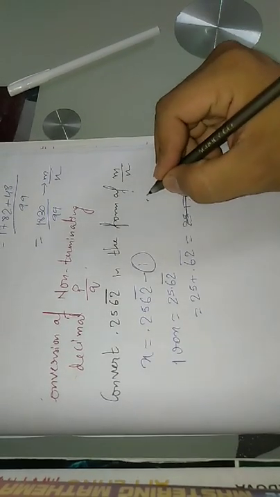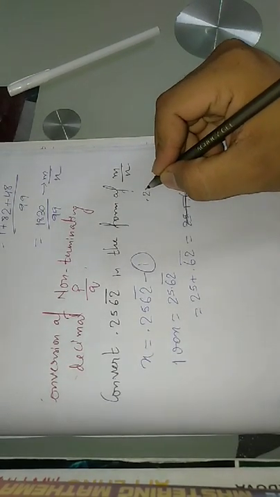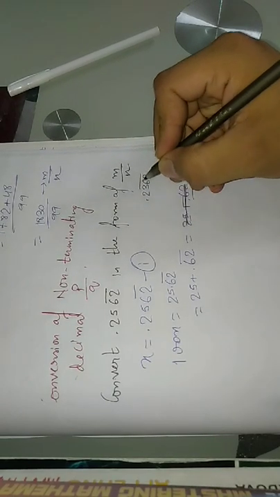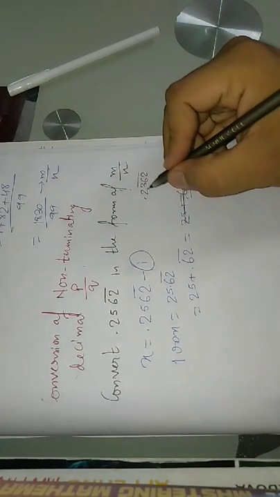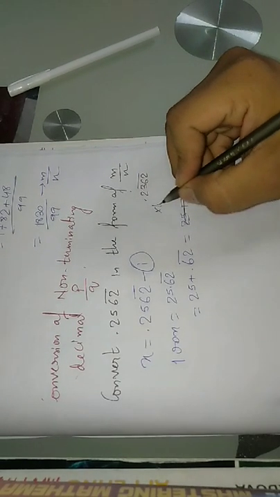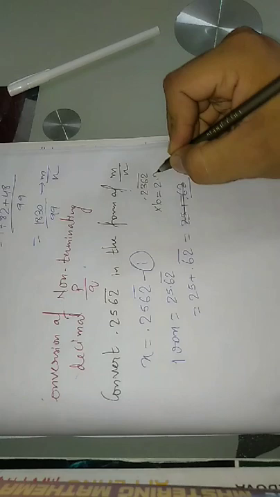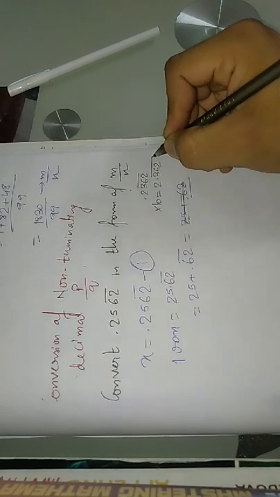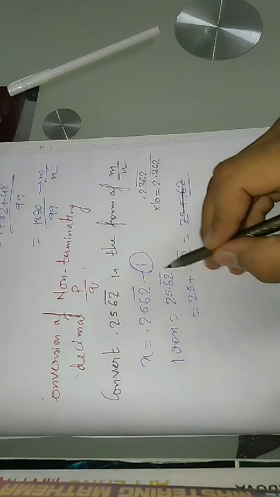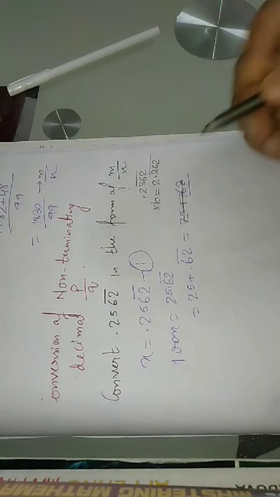Suppose it would have been 0.2362 and this 362 would have been repeating, then you would have multiplied it just by 10. Multiplying by 10 you get 2.362, meaning you need to multiply in such a way that the decimal value will be repeating in nature.